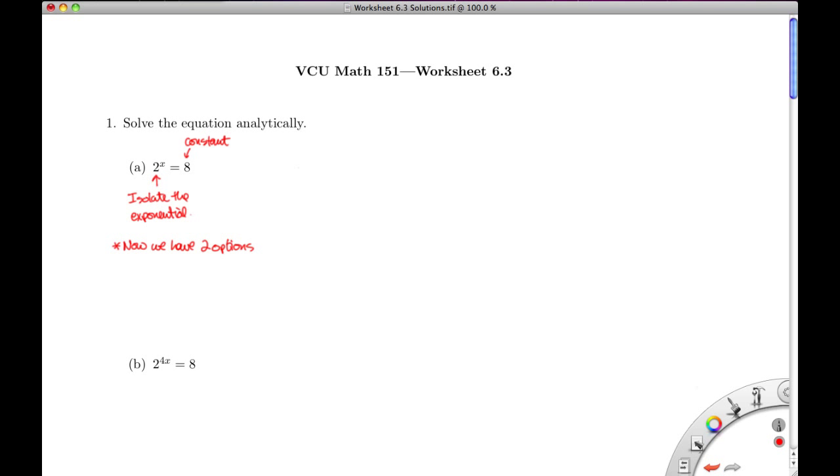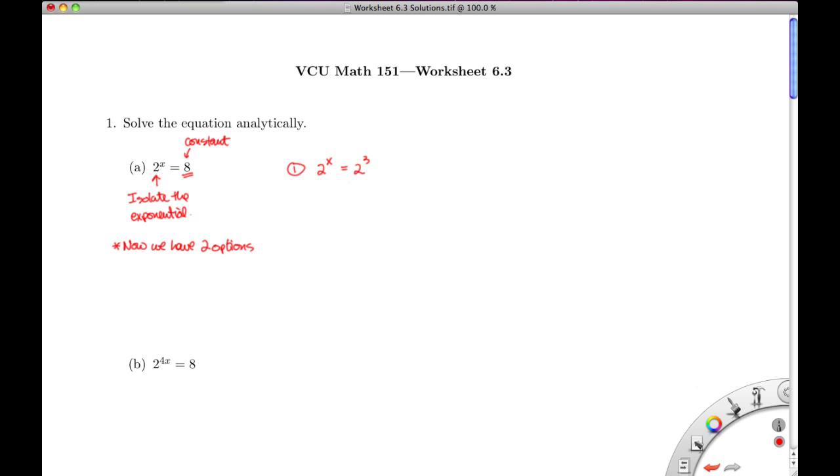One possible way that we could attack this is to see if we could write both sides as exponentials with a common base. So in this case, on the left, we have 2 to the power of x. So if possible, could we take 8 and write it as 2 to the power of something? Well, in this case, this is going to work out because we know that 8 is 2 to the power of 3. So we'll rewrite 8 as 2 cubed.